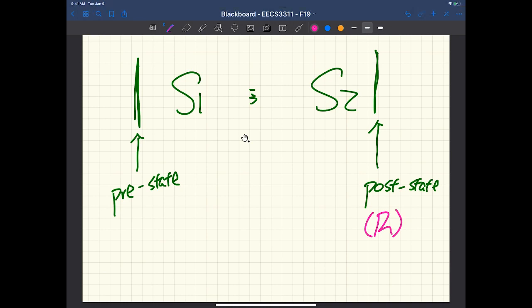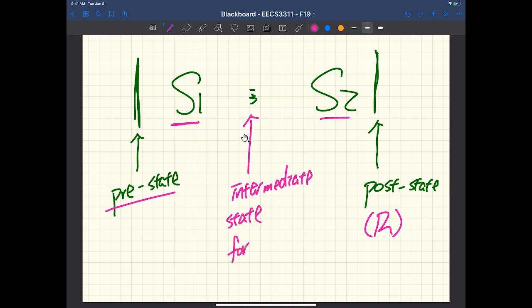But now the problem is S1 and S2 do not start in the same states. S1 starts with the pre-states. What about S2? It starts in the intermediate states after you have executed S1. So this is an intermediate state for S2 to start with.